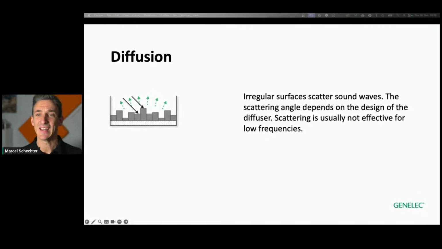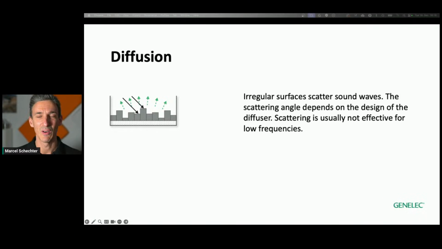Then we have diffusion. This is something that makes use of uneven surfaces, or irregular surfaces that scatter the sound waves. You can already, I think, explain to yourself that this is not working for bass frequencies, because with bass you have very long, this is my daughter by the way, with bass you have very long wavelengths, and of course then these small differences don't make any difference.